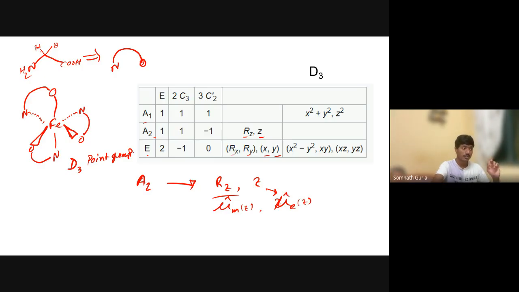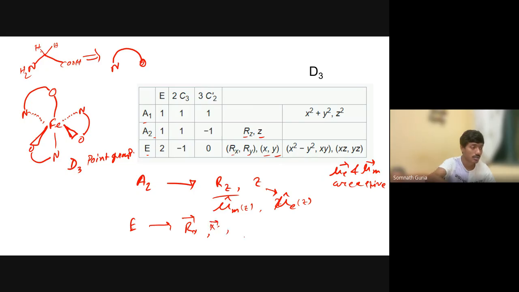We have this A2 orbital, where both the combination mu M and mu E are active. Similarly, in case of E also, we have Rx active associated with X active, followed by Ry and Y. So that also has mu M and mu E active together.